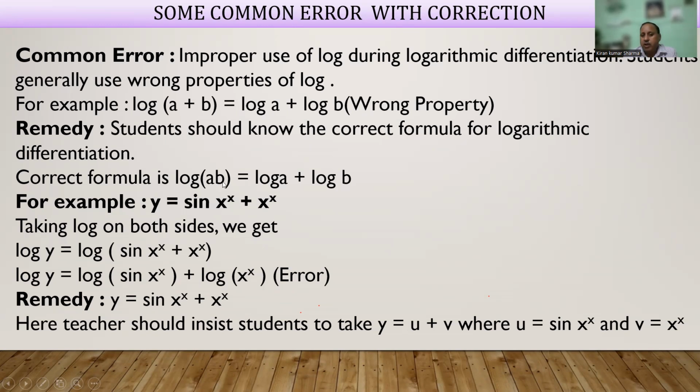The correct formula is log AB, means log A plus log B. So for example, if the question is y equal to sine x raised to power x plus x raised to power x, what do students do? They take log on both sides. So log y equal to log of first function plus second function. They simply open this as first plus second. So this one is the error. Teachers should insist students take the first function as u and the second as v, then find the derivative separately.